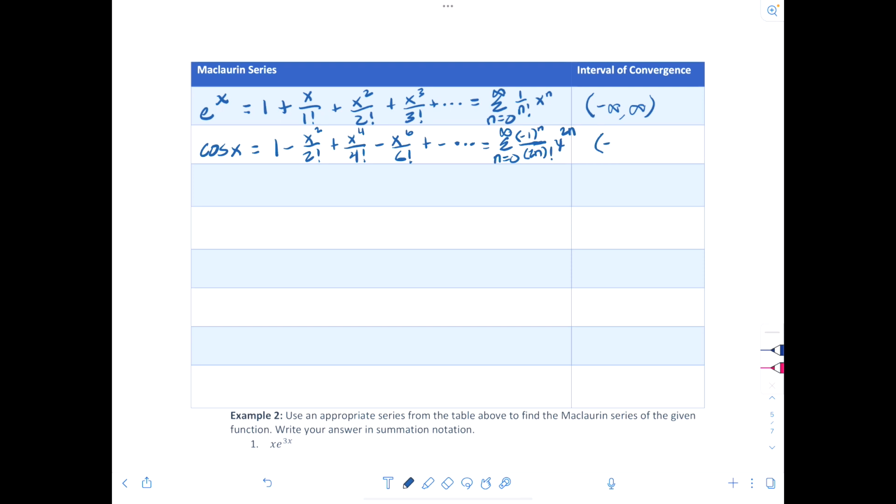And the interval of convergence is minus infinity to infinity.